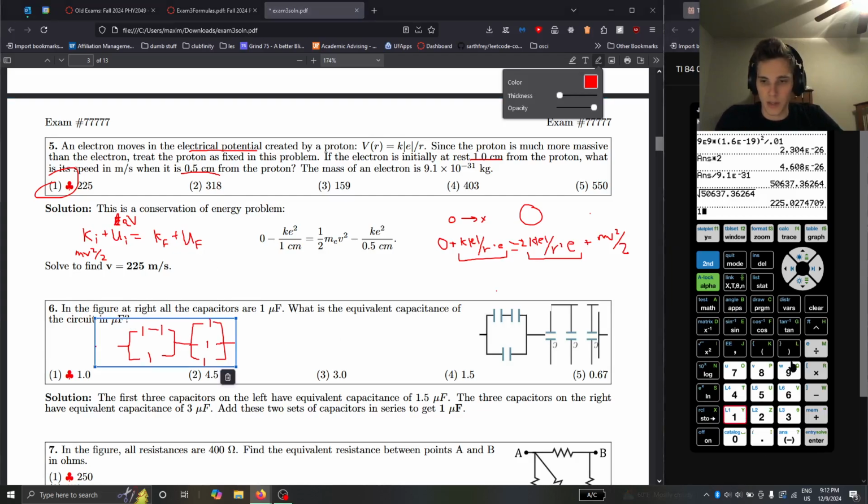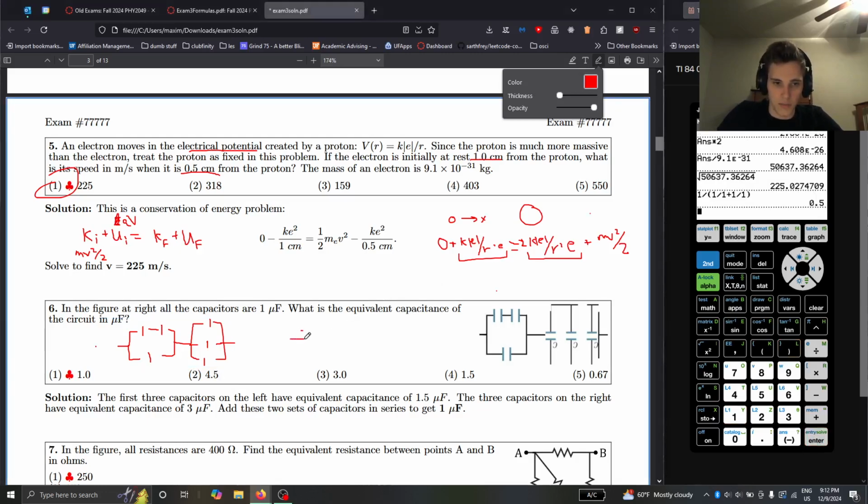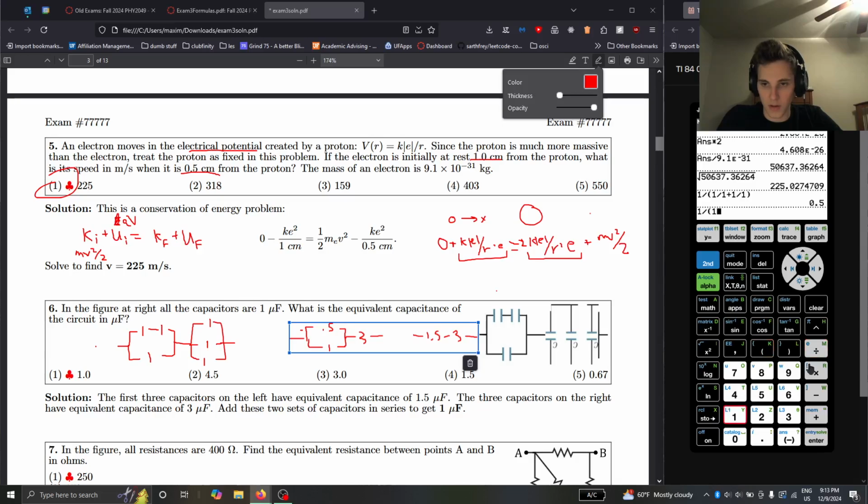So here, just for an example, it would be 1 over the first capacitance, which is 1, and then 1 over the second capacitance, which is 1. A little bit anticlimactic in this case, but I guess you'll see it here shortly again. So 0.5, 1, and then here, since they're all parallel, we just add it, so 3. Again, these are parallel, we add 1.5, 3, and then here, we're employing the same technique, 1 over 1.5 plus 1 over 3, and we get 1.